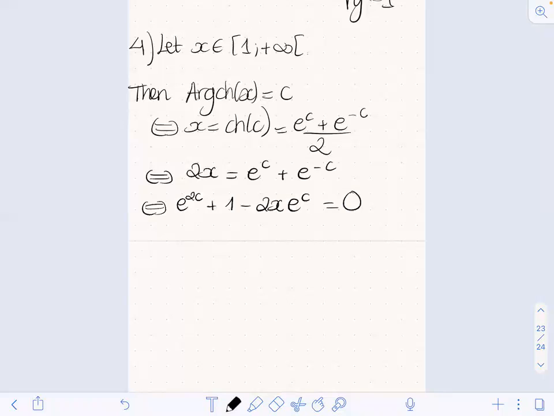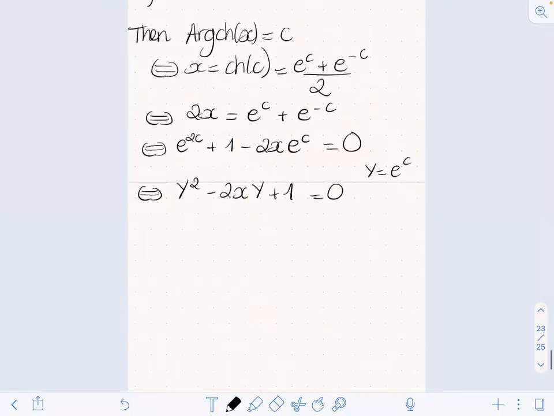And we can say that that's y squared minus 2xy plus 1 equal to 0, where y equals exponential of c. So y is positive, and y will be a root to a certain polynomial equation.